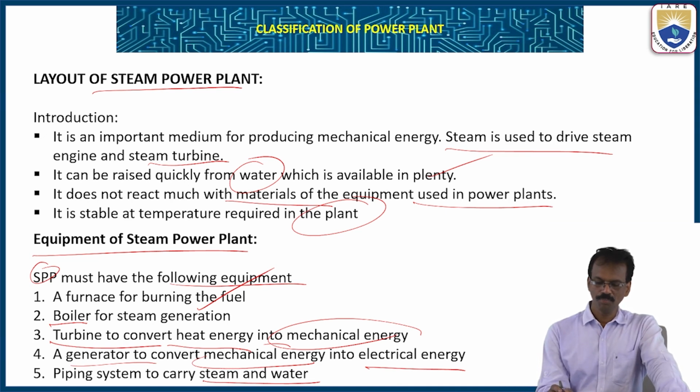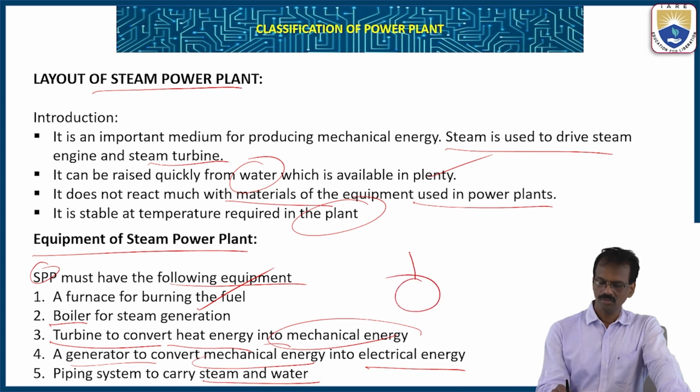A simple block diagram of this should have the furnace, next to which is the boiler used to boil the water. Next it is connected to the turbine. Next to the turbine is the condenser for the cooling purpose.